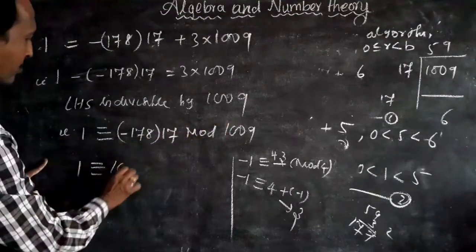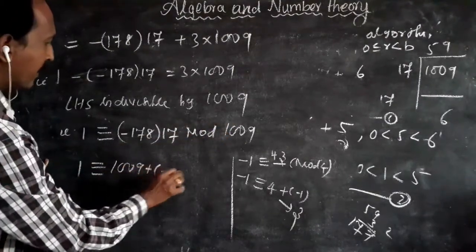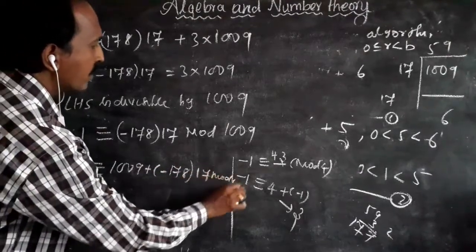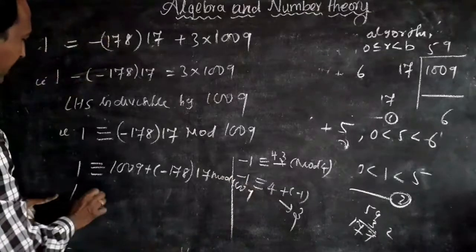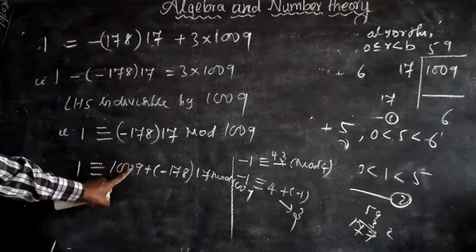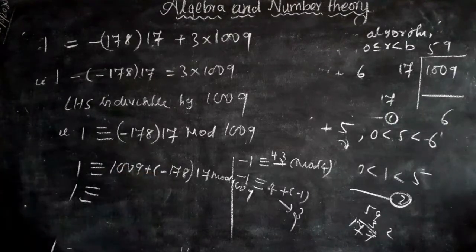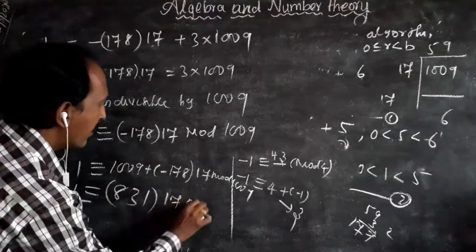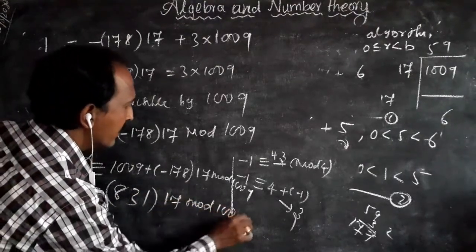we write 1009 plus minus 178, into 17 mod 1009. So 1 is congruent to 1009 plus minus 178, that is 831, into 17 mod 1009.